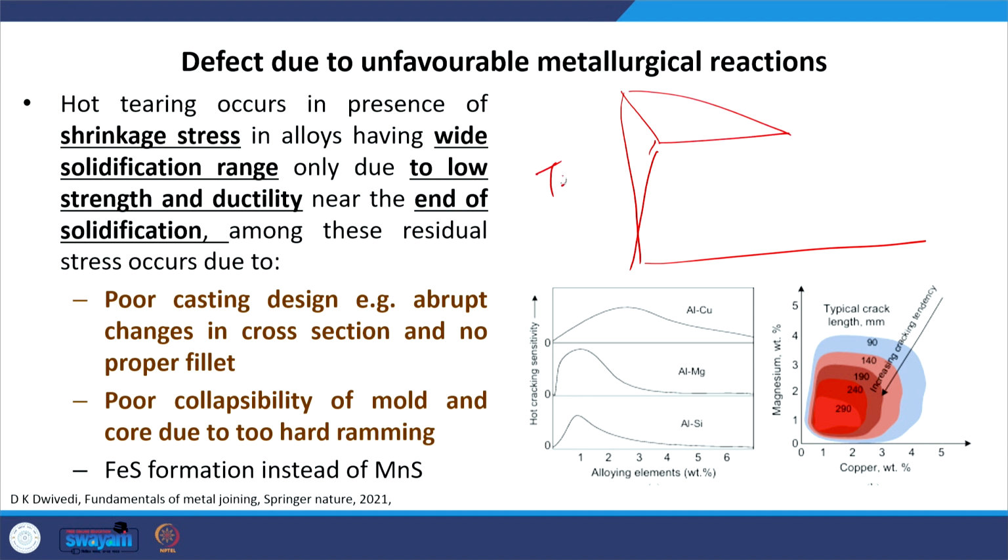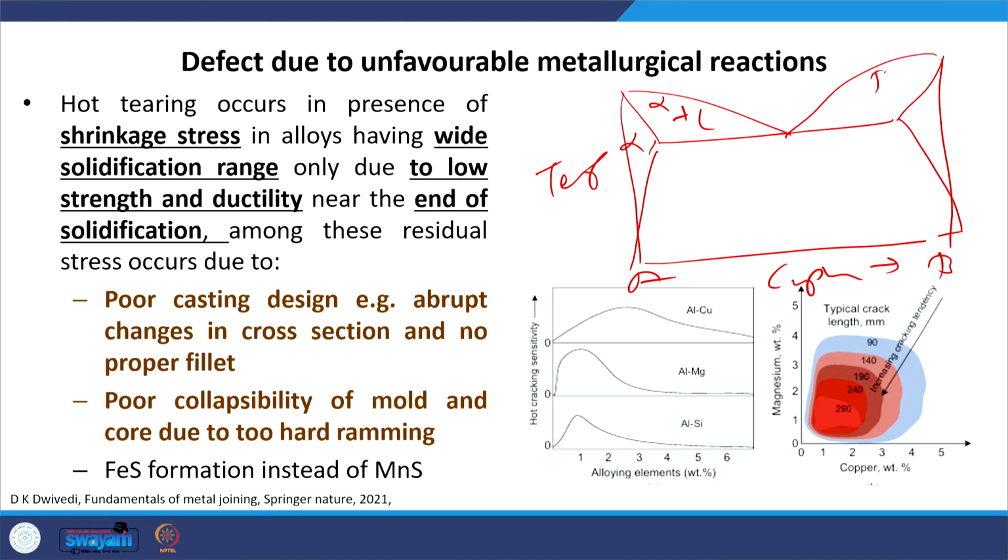Here on the y axis we have temperature, and on the x axis composition A and B. Here this is B and this is alpha, alpha plus liquid, and this is beta, beta plus liquid, and here we have alpha plus beta, like this is the eutectic, and this is beta plus alpha plus beta.